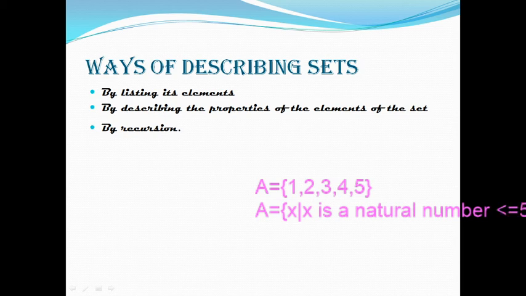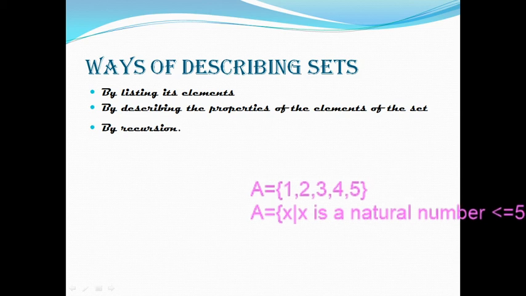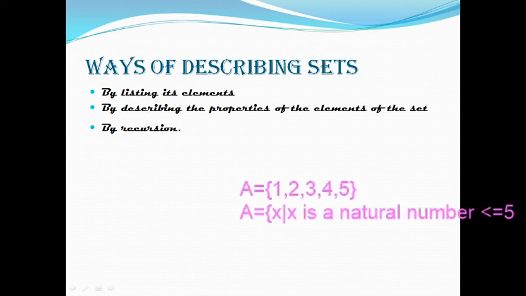Okay, this is called the set builder form, and the first one is called the roster form. In the first one, we are listing the elements one by one. Here we are describing the rule in a phrase. So it's a more efficient method compared to roster form because we can represent any infinite set through the rules.